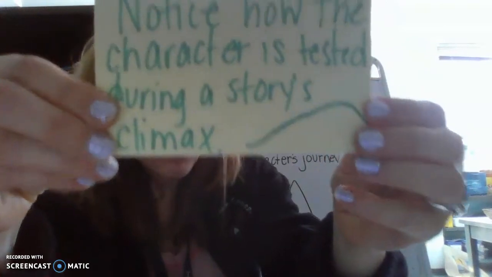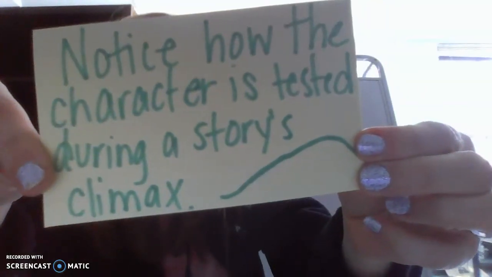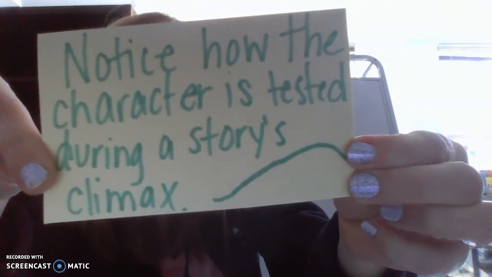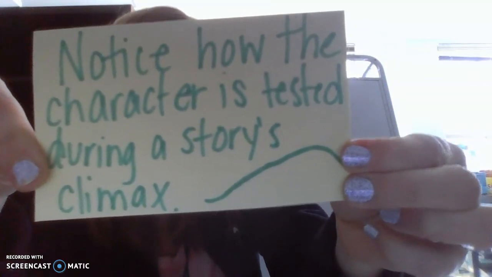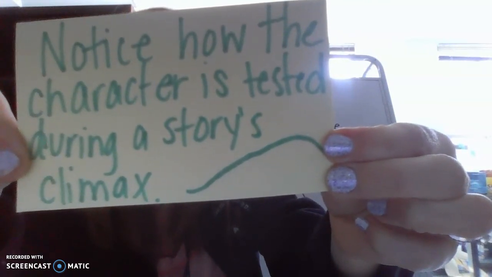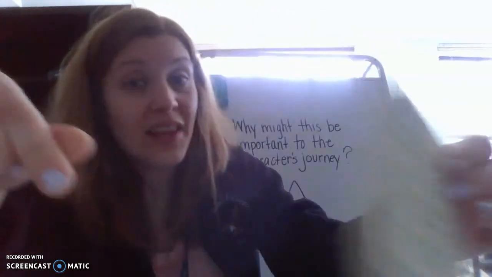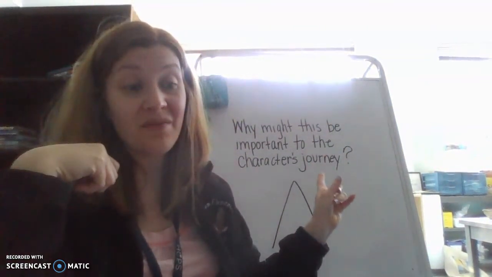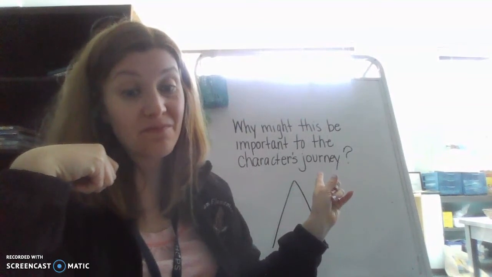So readers, on our anchor charts, when we're following our story mountains, we need to stop and notice how the character is tested during a story's climax. We need to jot that down. And then we need to ask ourselves, why might this be important to the character's journey?